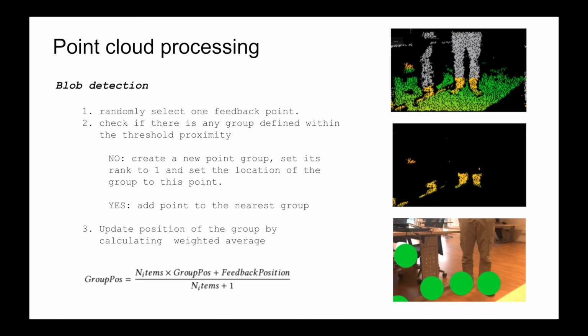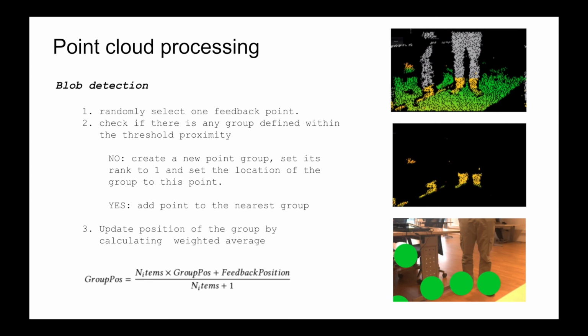After we have assigned the point to a group, we update the position of that group by calculating a weighted average as shown in this formula below. So once we have blobs and we have their center point, we can find the intersection between the raycast through the center of this blob and our ground plane. And this is considered our final feet contact point.